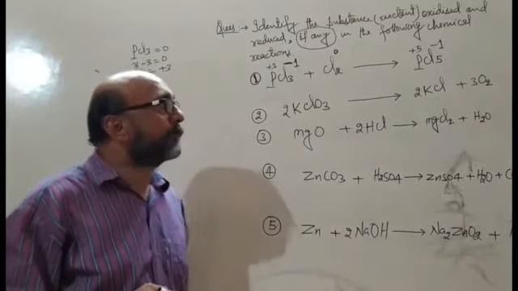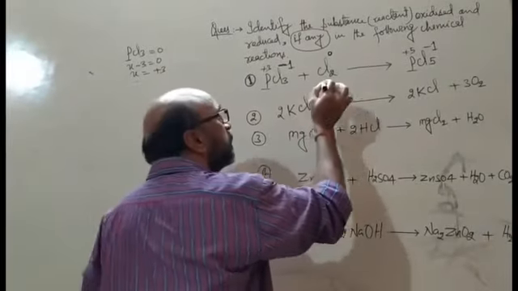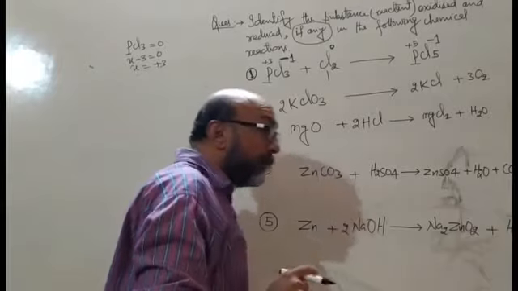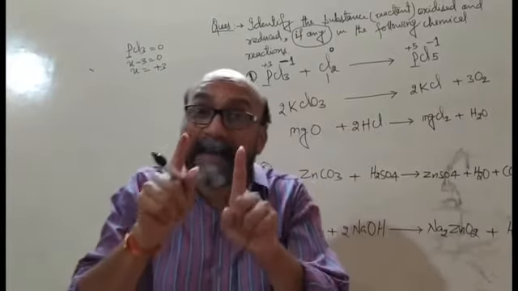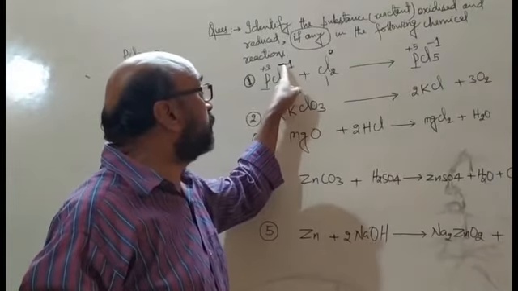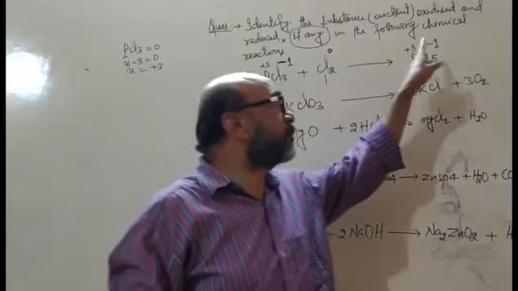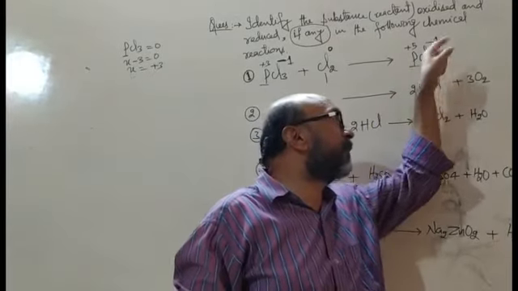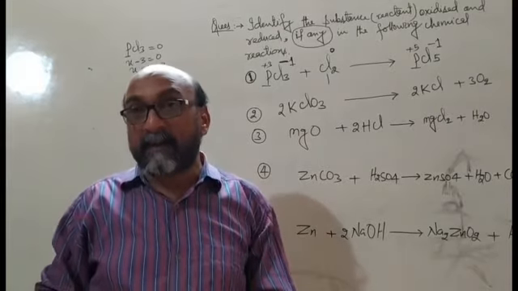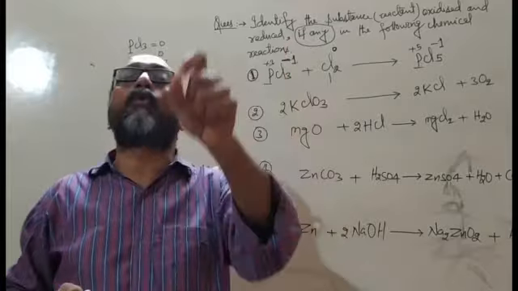Now look into this reaction. Here, the oxidation state of chlorine, we have to look into the change. See, the oxidation state of chlorine is minus 1 in PCl3. The oxidation state of chlorine is minus 1 in PCl5 also. Means the change is not taking place due to chlorine.